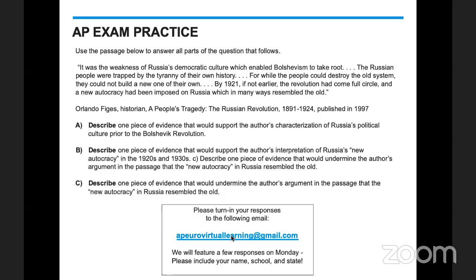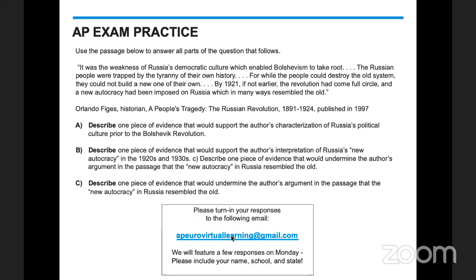And C, describe one piece of evidence that would undermine the author's argument that the new autocracy in Russia resembled the old. So you're taking your content knowledge of the Russian Revolution and applying it to each of these interpretations of what the author is saying. So give that a try.